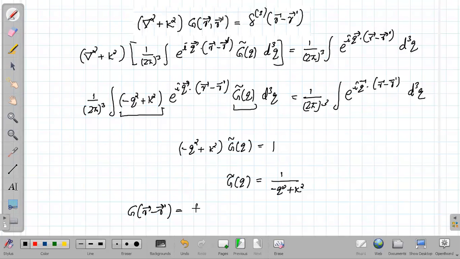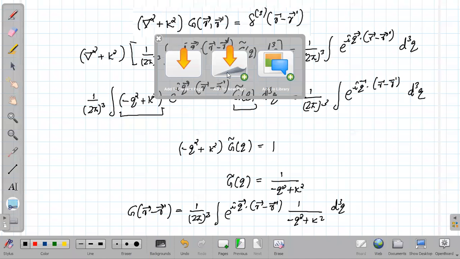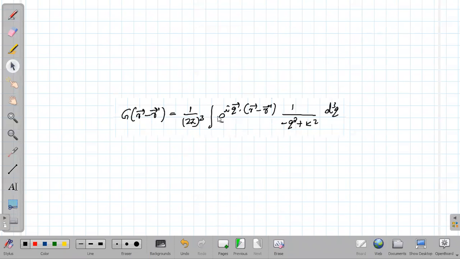That would be equal to 1 upon 2 pi cube integral exponential of i q dot r minus r prime, and g tilde of q would be 1 upon minus q square plus k square, into d cube q. Now, how to integrate this expression?